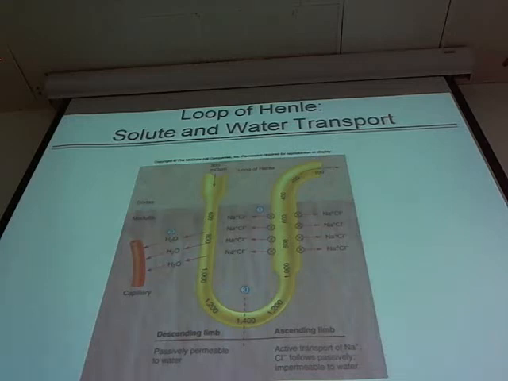So you've got the most concentration down here, you've drawn all your water out, and you go back up. If this was permeable to water, water would be flowing back in, but it's impermeable. You're pumping out the sodium, so it still becomes more dilute as it goes up, not because it's being diluted by water, but because the sodium is being pumped out.